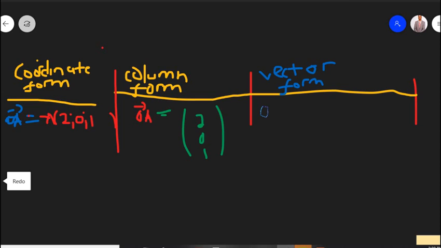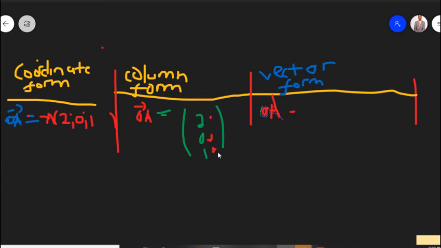Then the column form will be 201, and the vector form will be a little different because we will be starting with i, j, and lastly k. So the i will be multiplying the 2, then the j will be multiplying the 0, and the k will be multiplying the 1.